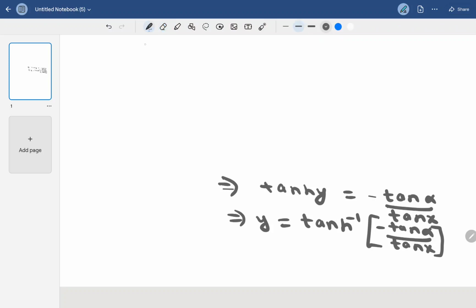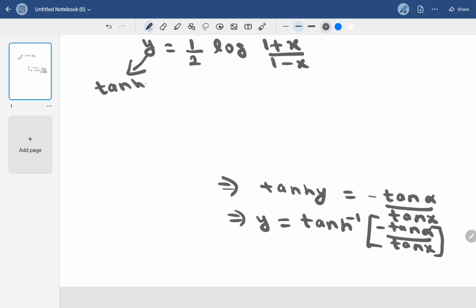That result is y equal to half log 1 plus x by 1 minus x. This y is nothing but tanh inverse of x. See, for tanh inverse of x, the answer is half log 1 plus x by 1 minus x.